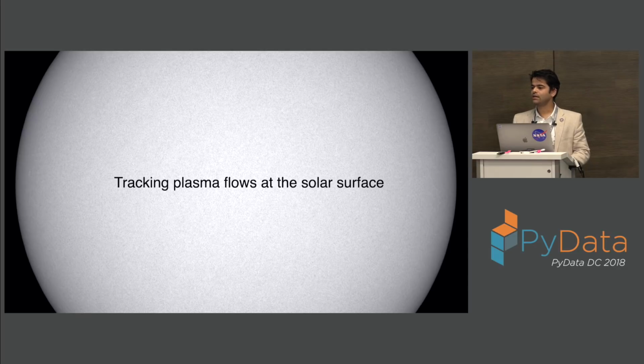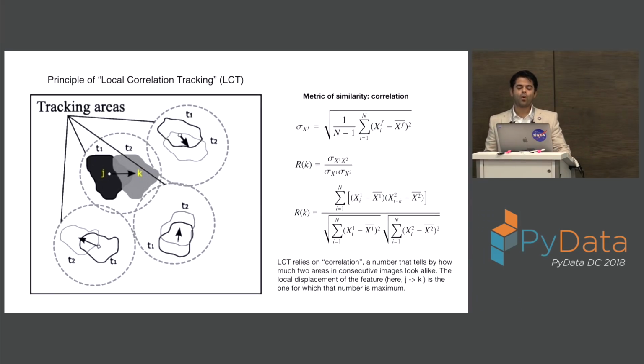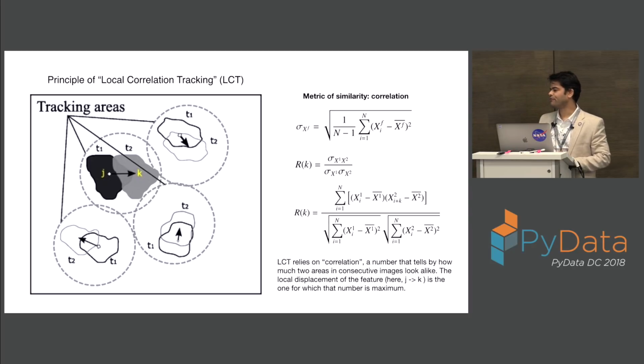Tracking plasma at the solar surface basically relies on tracking the motions of these granules. One of the very first techniques to track granules was the so-called local correlation tracking method.